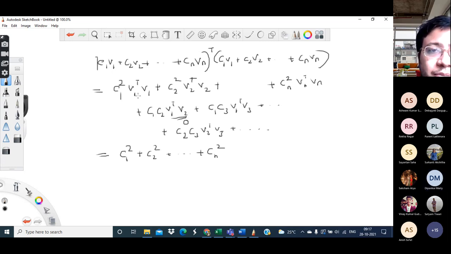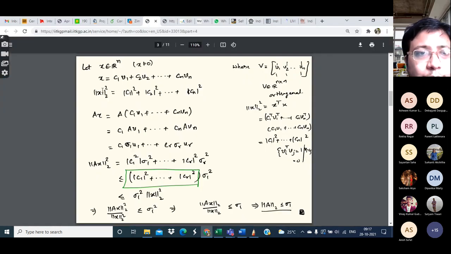And what about these terms? These are all equal to 1 because v1, v2, and so on are all unit vectors. That is what we had assumed. So the squared L2 norm of any vector x is nothing but c1 square plus c2 square, etc.